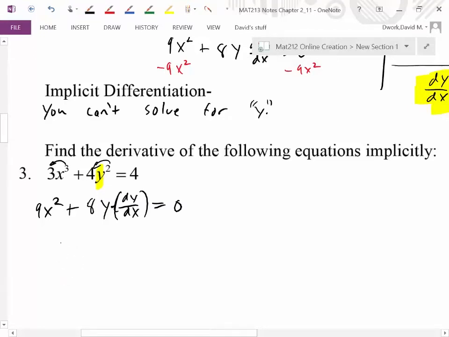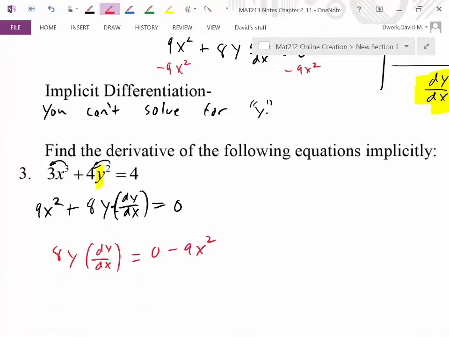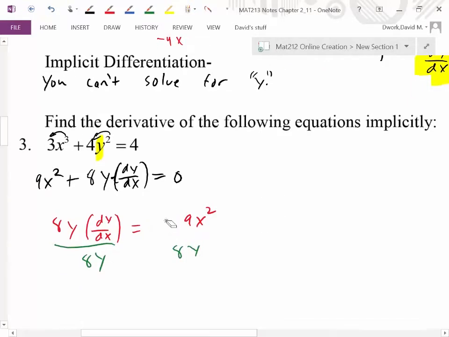So here we go. Subtract the 9x squared over. I'm going to do a different color. That color didn't take. Let's try that one more time. 8y dy/dx equals 0 minus 9x squared. All right, so then we're going to divide by 8y and see how easy the solving is. I don't know why I just did 0 minus.